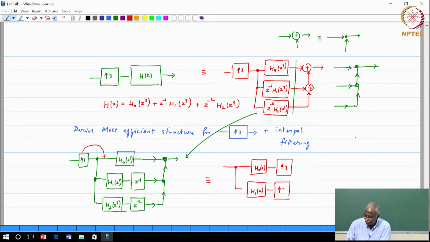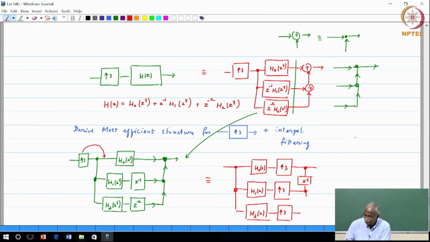So, this is upsampled by a factor of 3 followed by a delay. So, the delay I am going to capture on the output branch, Z inverse. And of course, the third branch is H2 of Z followed by the upsampler followed by Z power minus 2.